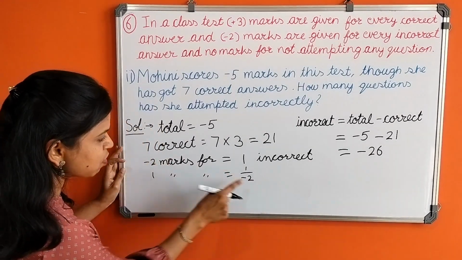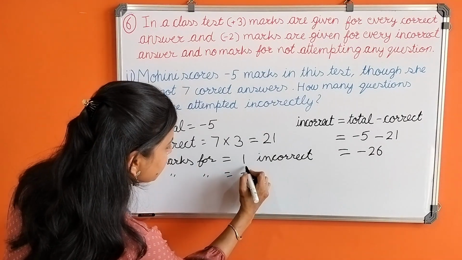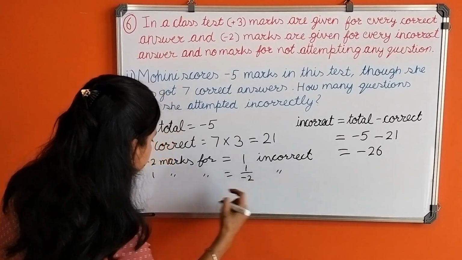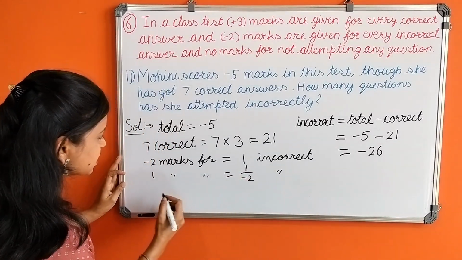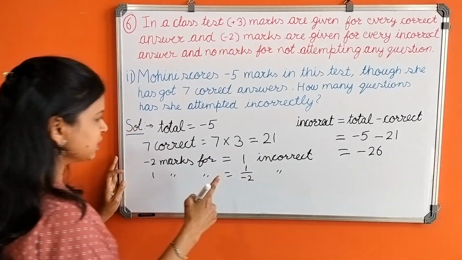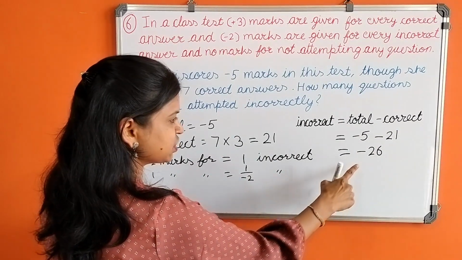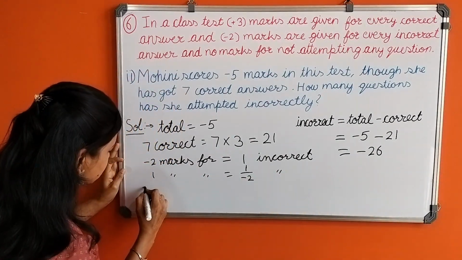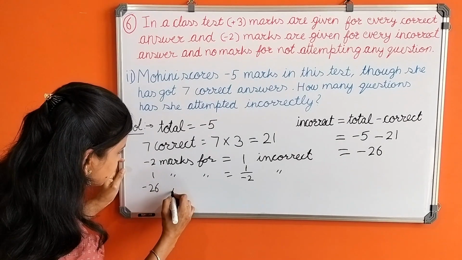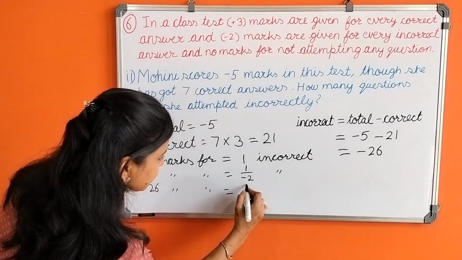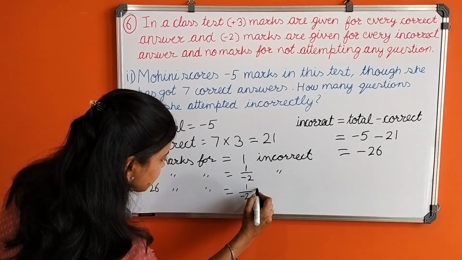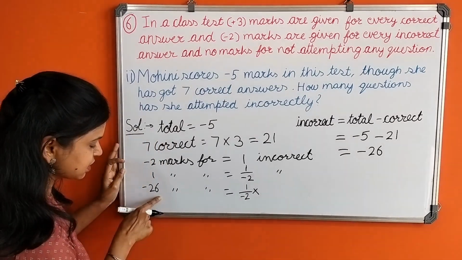This minus 2 will go in the denominator. And how many incorrect marks has she got? Minus 26. So minus 26 marks for how many incorrect answers? Minus 1 by 2 into this.